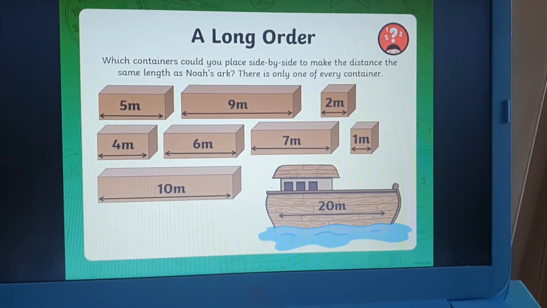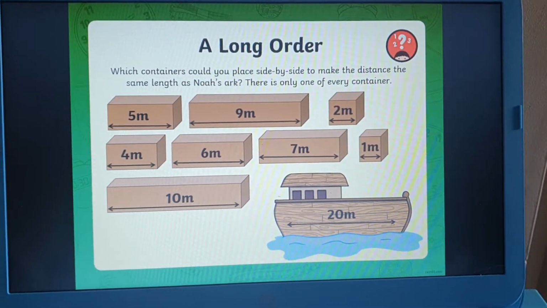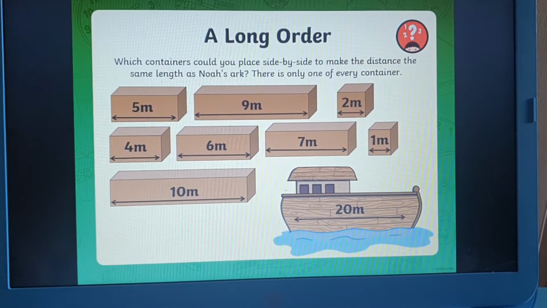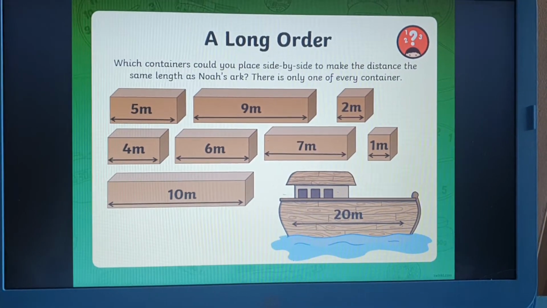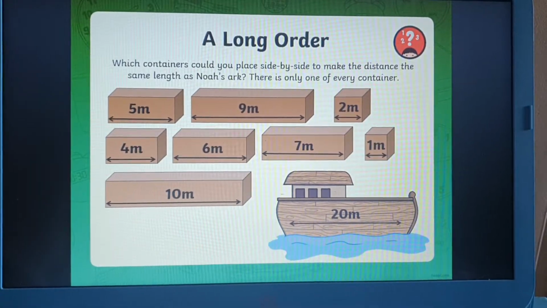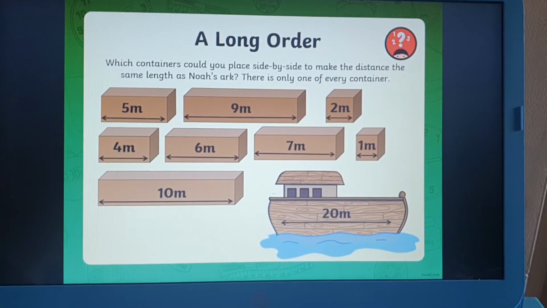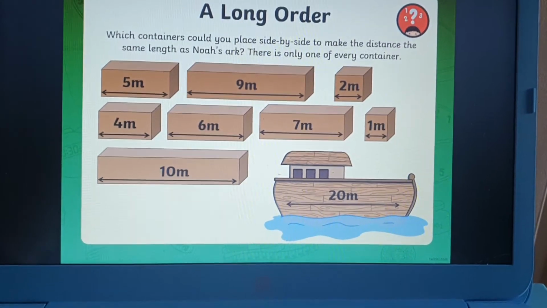Okay, here it says, which containers could you place side by side to make the distance the same length as Noah's Ark? There is only one of every container. So those are the containers that you have got there. It needs to be the same length as Noah's Ark. Now, how long is Noah's Ark? Have a think. Look at that picture.